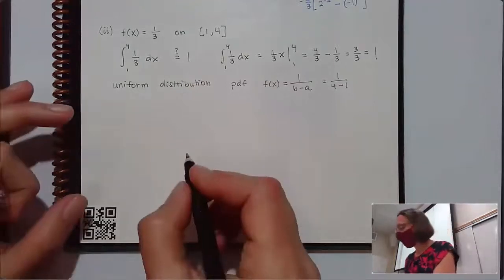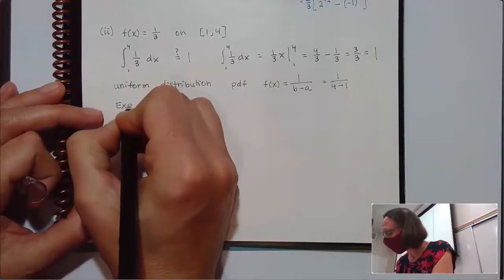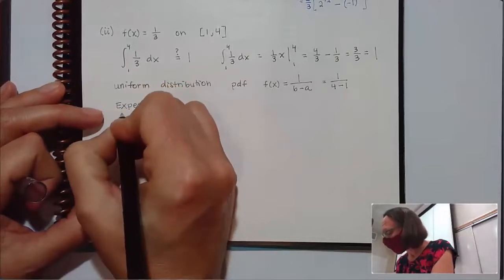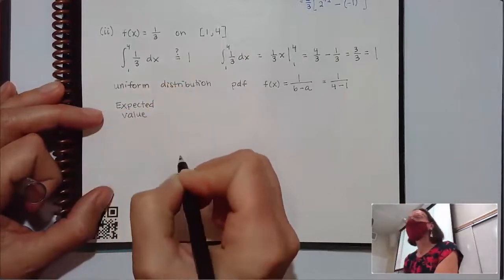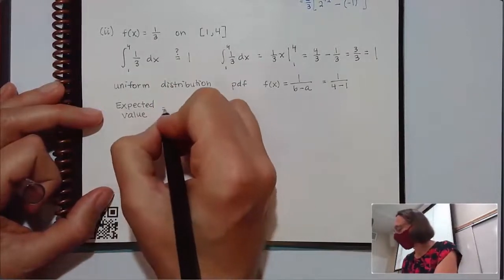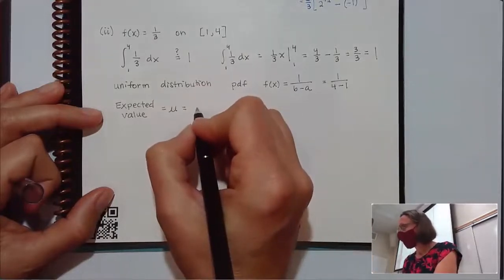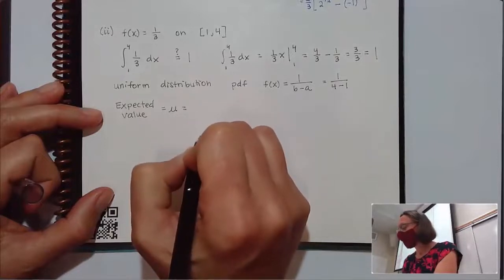By the way, for the uniform distribution, does anyone remember the formula to get the expected value? Yes, expected value is the same as the mean. Doesn't it just equal whatever?